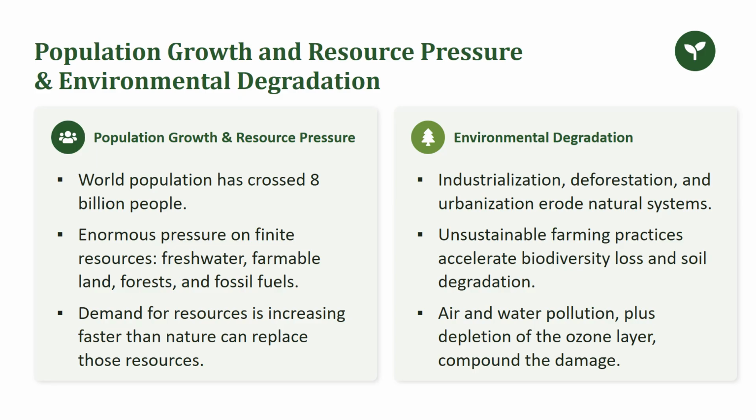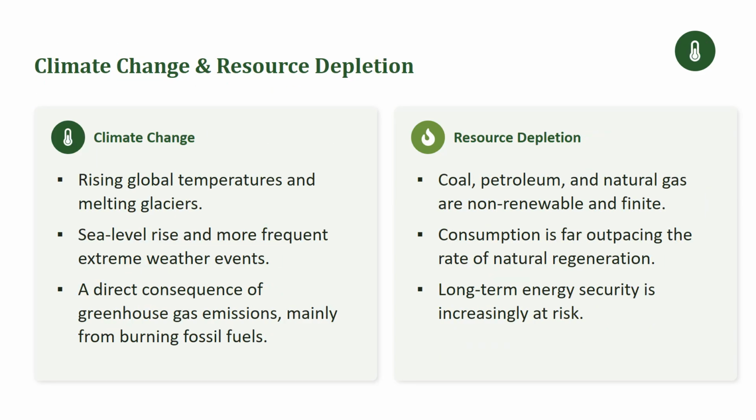In environmental degradation, industrialization, deforestation and urbanization erode natural systems. Unsustainable farming practices accelerate the loss of biodiversity and soil degradation. Air and water pollution, along with the depletion of the ozone layer, contribute to the damage to the environment.